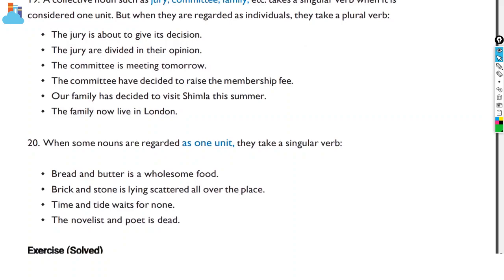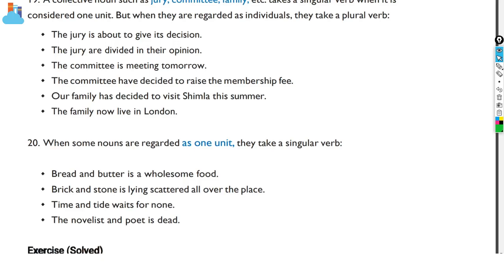A collective noun such as jury, committee, family, etc. takes a singular verb when it is considered one unit. ये देखिए, अगर considered as one unit है ना, जूरी मतलब क्या है, सपोज एक मीटिंग हुआ, उसमें कुछ इंपॉर्टेंट चीज डिसाइड करना है, तो एक कमिटी बनाया जाएगा. वो कमिटी ने अगर एक डिसीजन लिया है ना, कमिटी का जो व्यू है अगर यूनिक है, एक है, तब वो सिंगुलर होगा. अगर कमिटी में जो ओपिनियन हुआ अलग अलग होता है, वेरी करते हैं, तो क्या होगा, that will be plural.